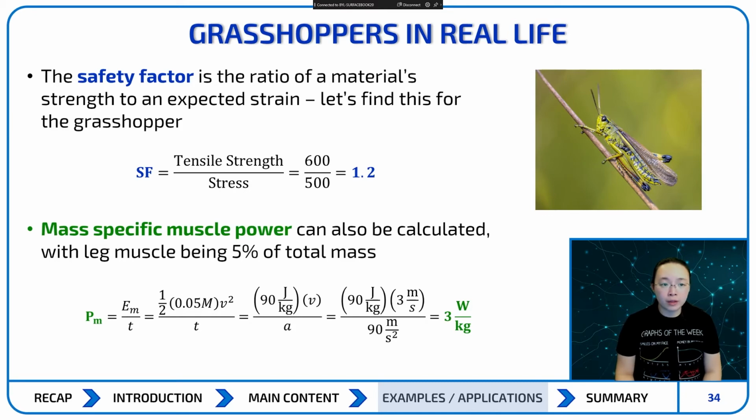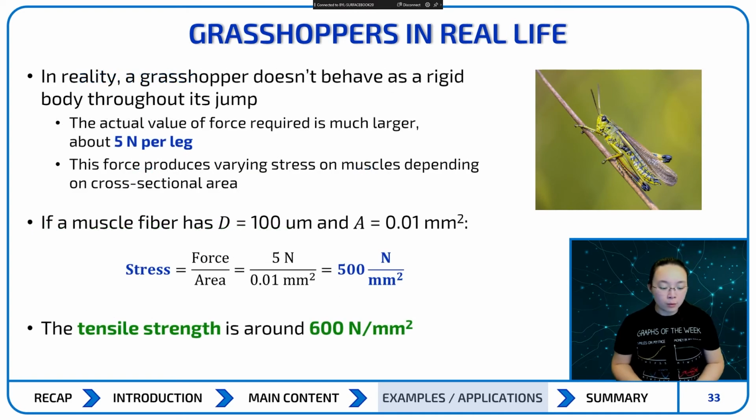Continuing on with how we would analyze grasshoppers in real life, there's something called a safety factor, and the safety factor is the ratio of a material's strength to its expected stress. What we analyzed before was the expected stress that the grasshopper would feel, but there's also the actual strength, and that's the tensile strength.